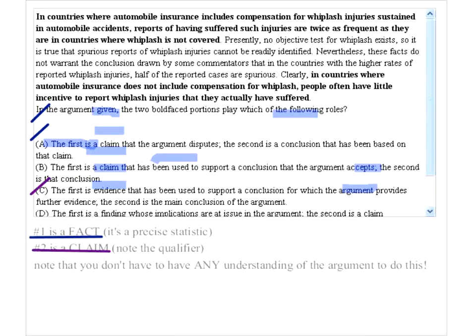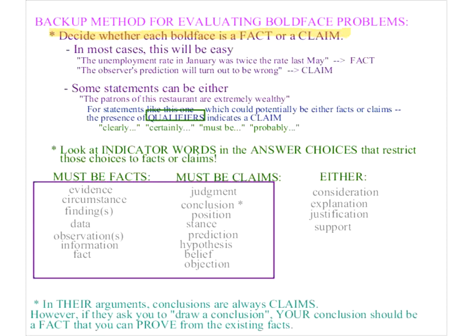So this is a pretty awesome method. You decide whether each boldface is factual or a claim, and then you look for indicator words that restrict your choice accordingly. When you find those, eliminate accordingly.